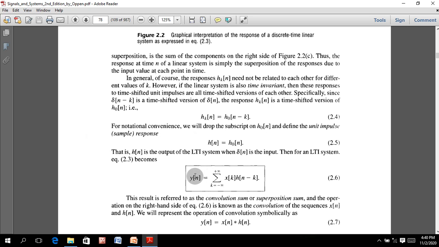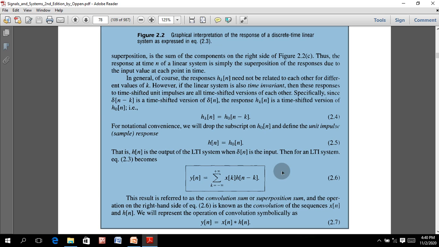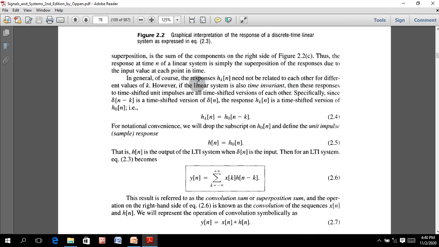because in case of a linear time invariant system, the responses to the impulse signals will be very much alike. It means when you are provided with the impulse signal, the response of the impulse signal for a linear time invariant system, which can be written as h of k or h of n, is very much alike to the impulse signal which is being fed to the digital system.